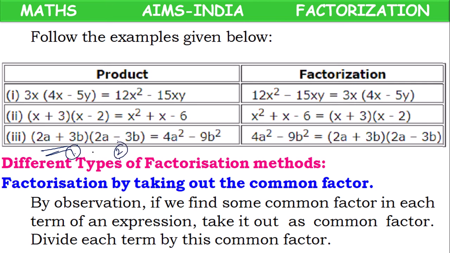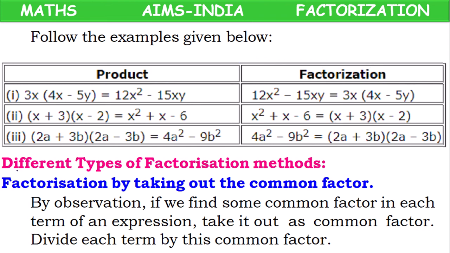Both we have multiplied and got the third expression. But in factorization, the third expression will be written as a product of two expressions. So factorization is a reverse process of multiplication.